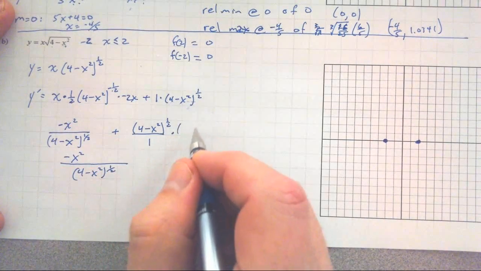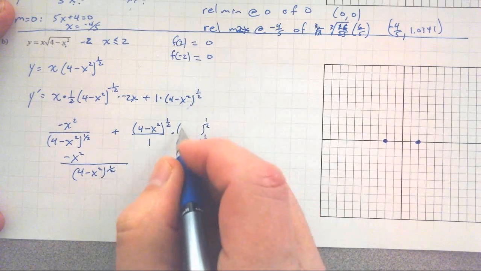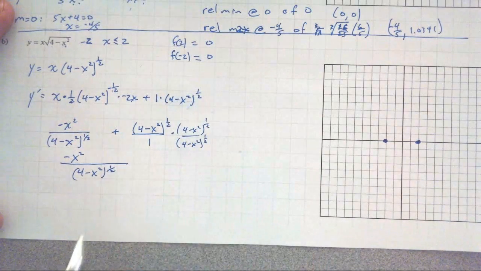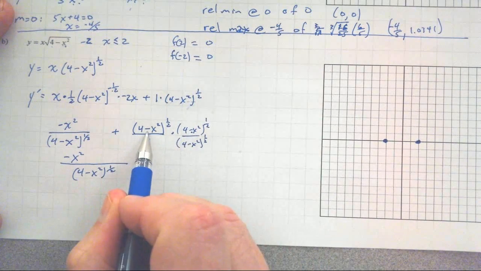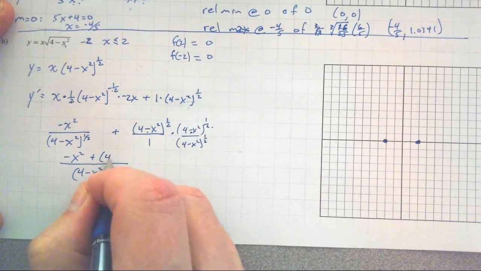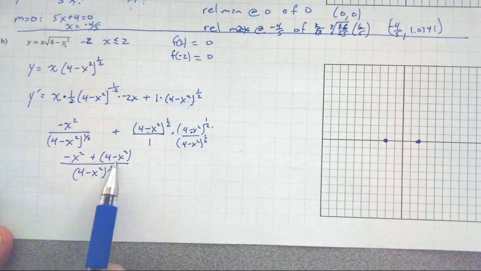So this one I had to multiply top and bottom by (4 minus x squared) to the 1/2. Good news. Something to the square root times the same thing to the square root is just the something, so I get plus 4 minus x squared. Were those parentheses necessary? No, they're superfluous, but had this been minus, then I'd need them.